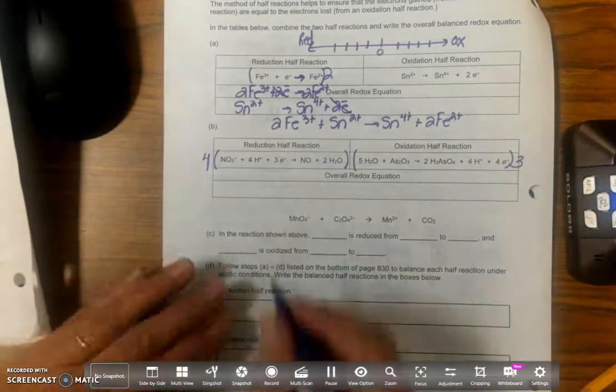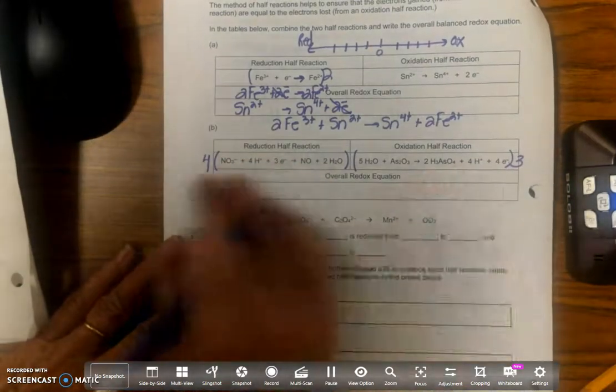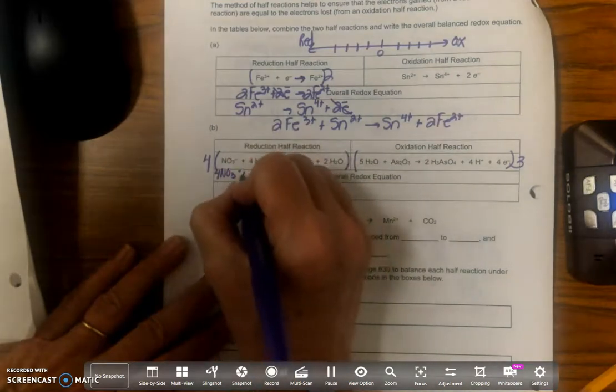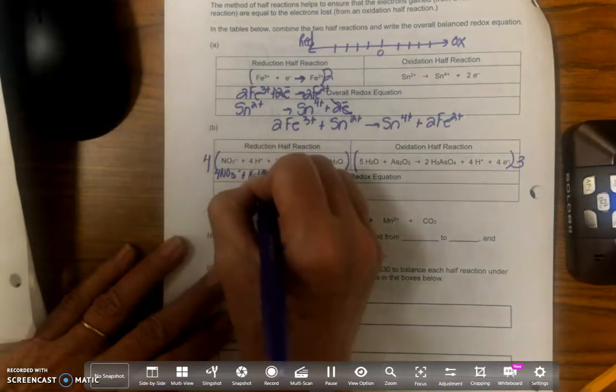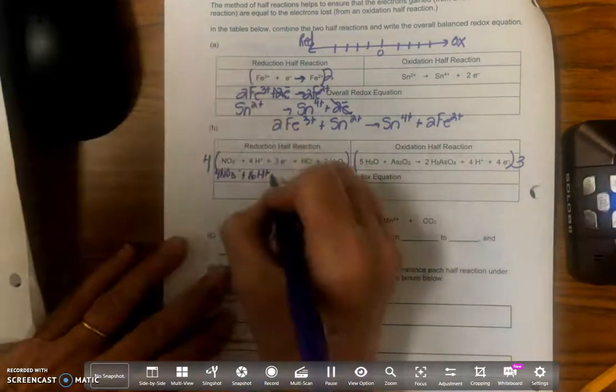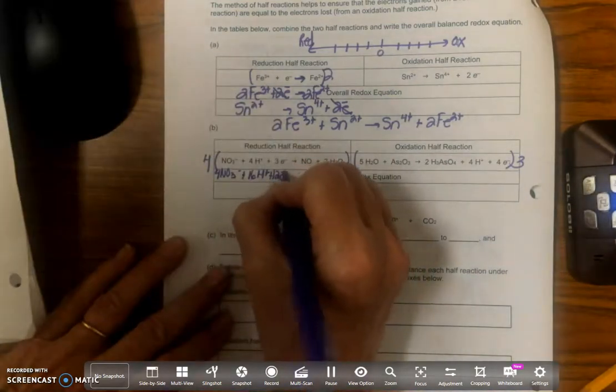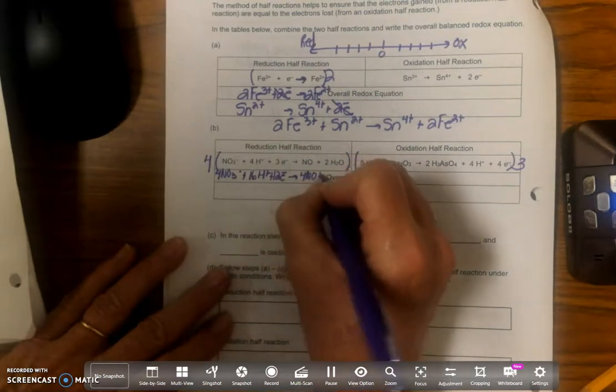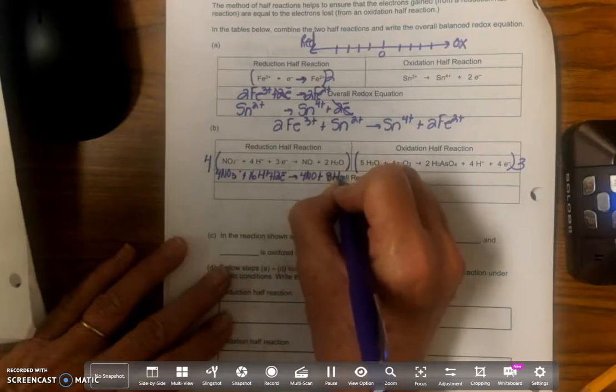All right. So when I do that, and I'm going to kind of pile this on, I get 4NO3- plus 16H+ plus 12 electrons goes to 4NO plus 8H2O.